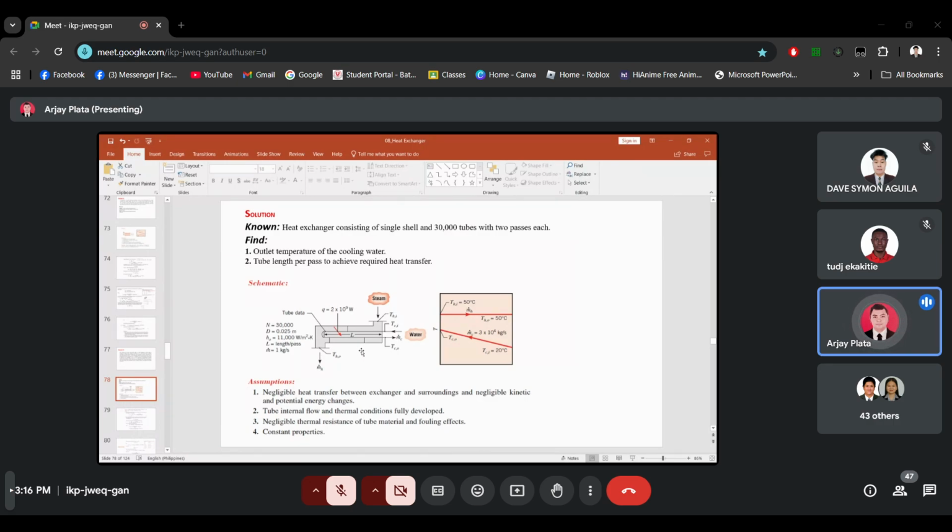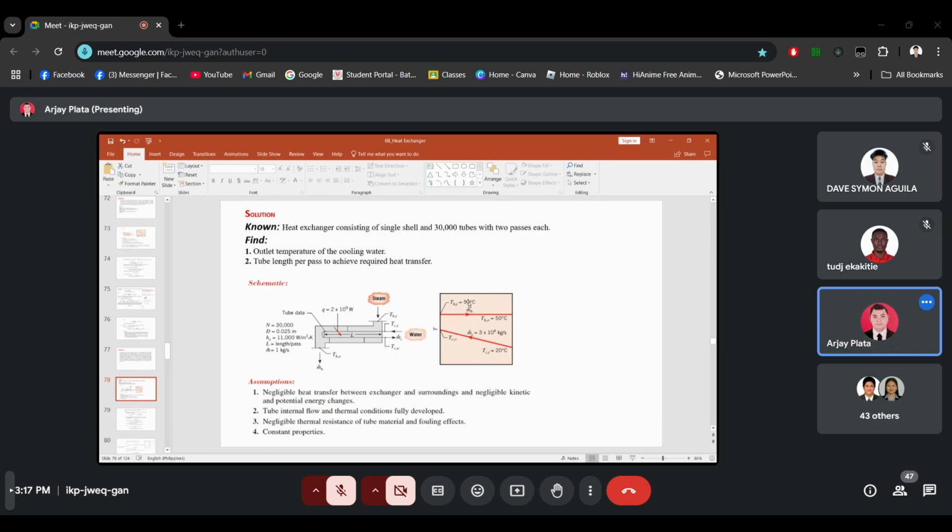When you create a schematic diagram, please don't forget to also illustrate the graphical representation. For example, here we have two fluids: the cold fluid, which is the water, and the hot fluid, which is steam. The temperature of the condensing steam is 50 degrees.